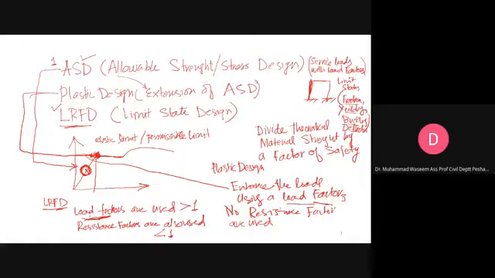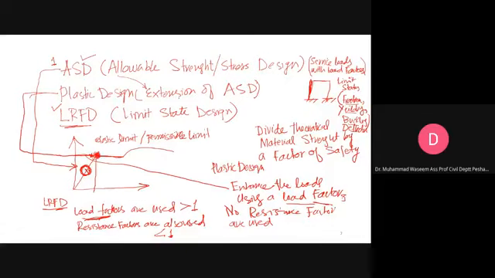Basically, this was all about those design philosophies. This is just a summary, which is why I have discussed this slide with section B as well. What is ASD? ASD is the allowable stress design.